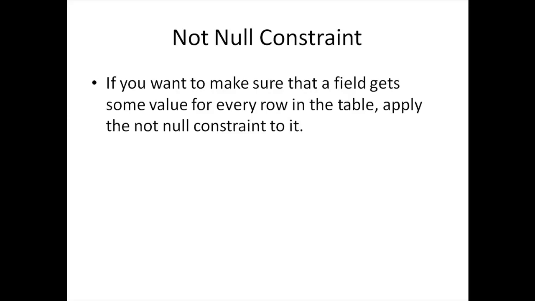Because if, while populating the table using the insert statement in SQL, you miss giving the value for the ID field for any row, then you would get an error message and the insert statement won't be processed, right? So that's the utility of the not null constraint, and we'd be checking out the syntax of it and everything while discussing the create table statement.